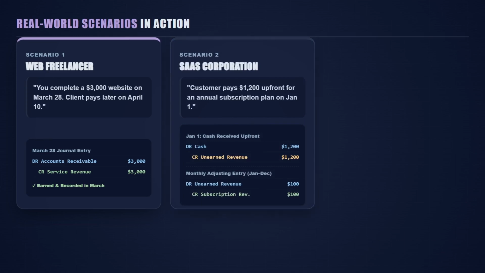The January 1st entry is debit cash $1,200, credit unearned revenue $1,200 liability. Each month you create the following journal entry: debit unearned revenue $100, credit revenue $100.